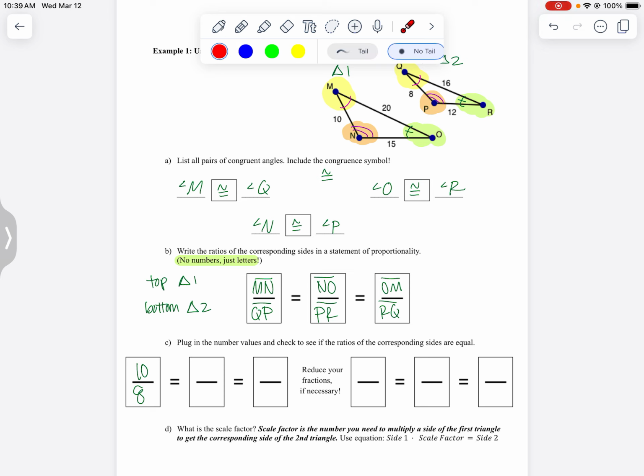Then I have side NO. NO is 15. And then side PR. PR is 12. Then side OM. OM is 20. And then side RQ. RQ is 16. So I'm just plugging in my number values given my statement of proportionality.